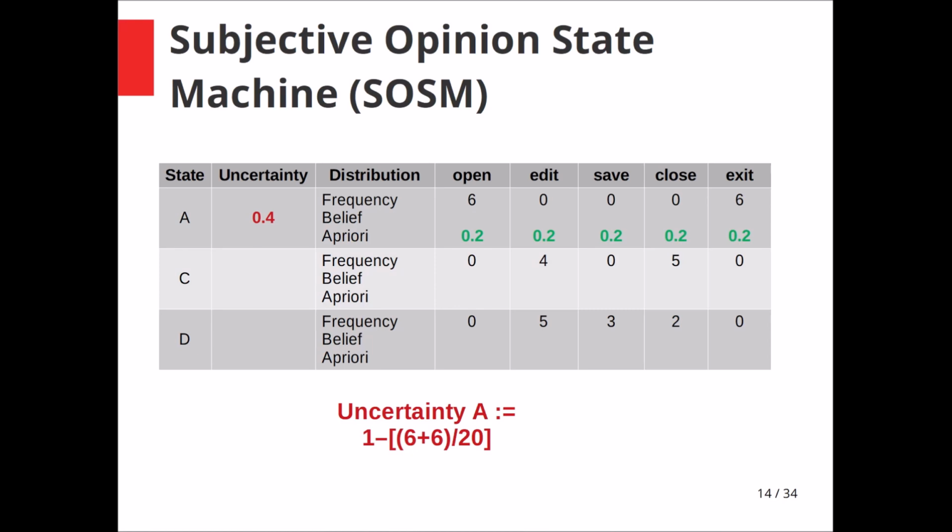When we substitute the variables in the formula by the concrete numbers, we end up with an uncertainty for the state A of 0.4.